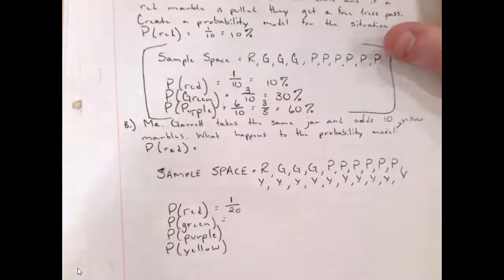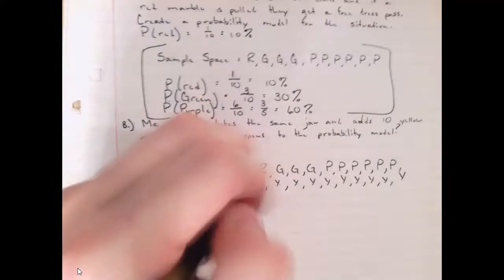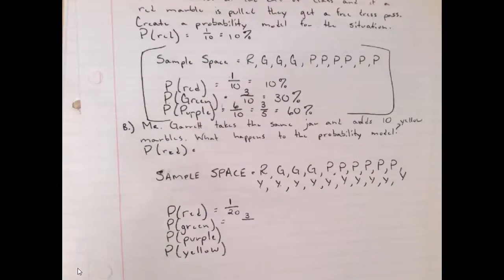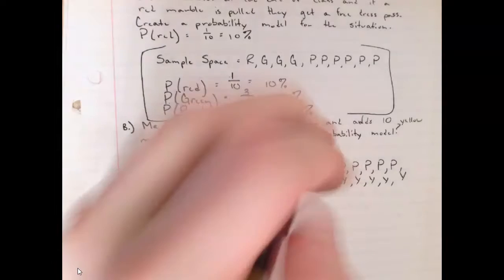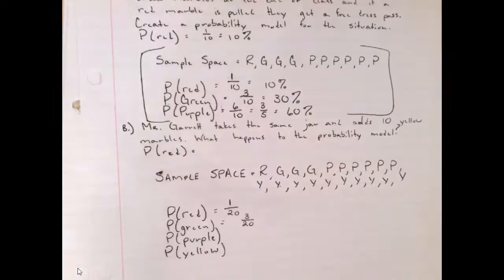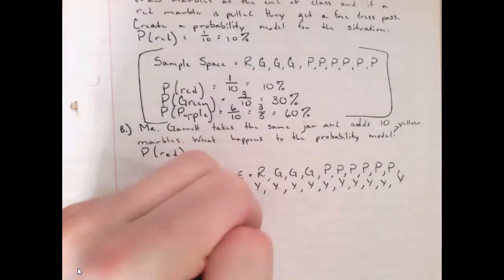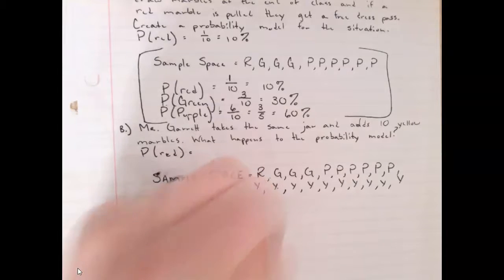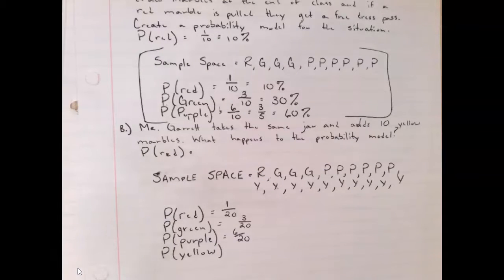For green, again, there still are 3 green marbles. My denominator is now out of 20, so 3 over 20. My probability of purple, there are still 6 purple marbles. Now there are 20 total in the jar.